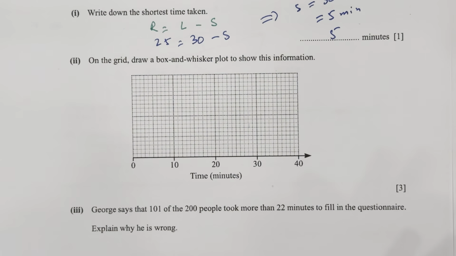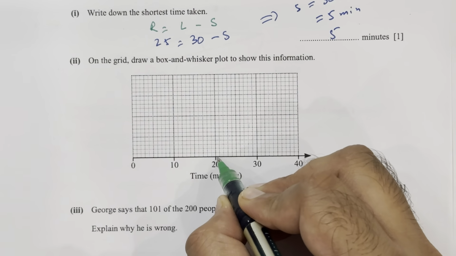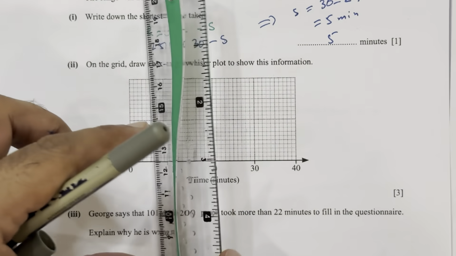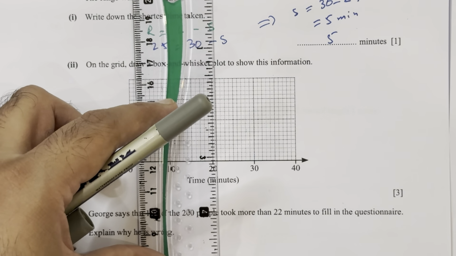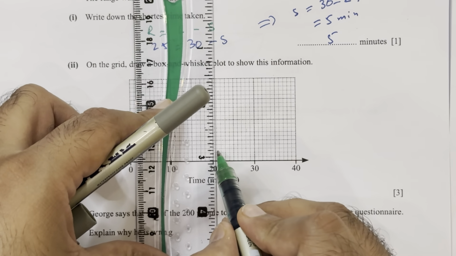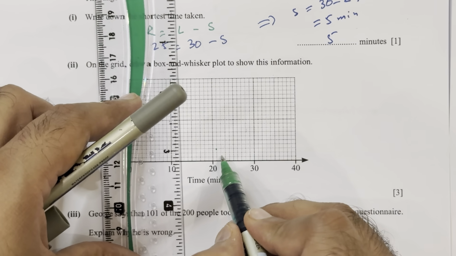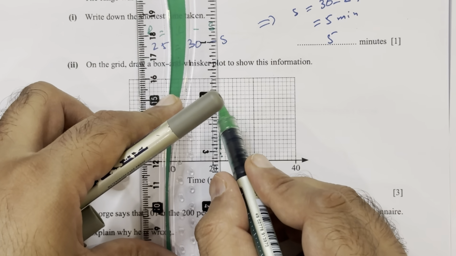Okay, first we need to identify the median. It is given in the question that the median is 22. So we're going to draw the line at 22, over here, like that.